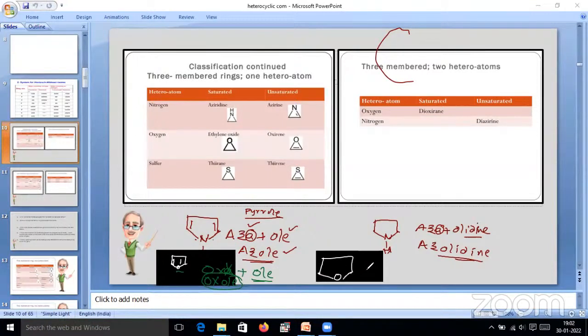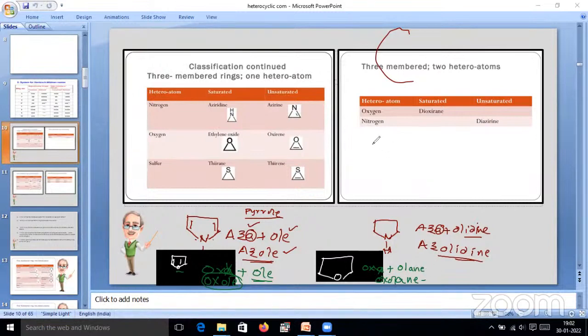So for this, oxa is the prefix. What is the suffix? Oxalane. Remove it. Oxalane is the IUPAC nomenclature.